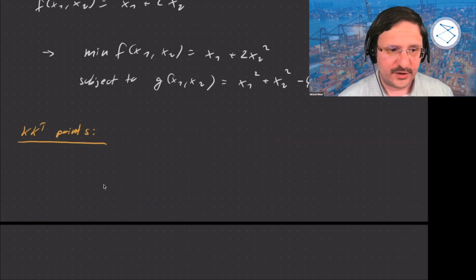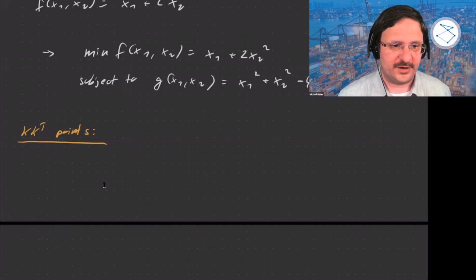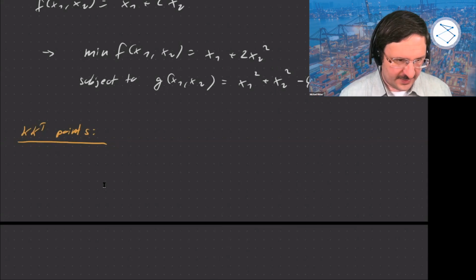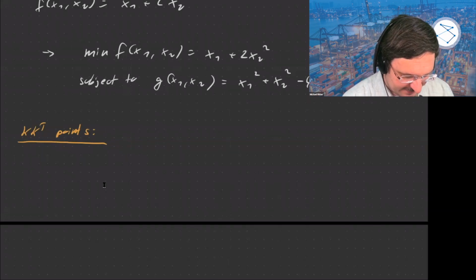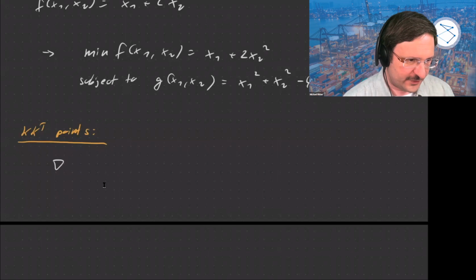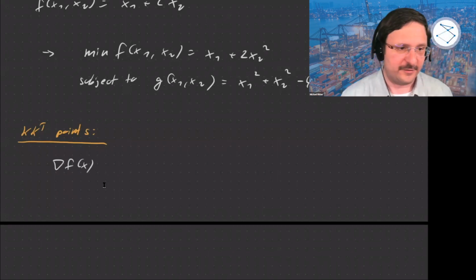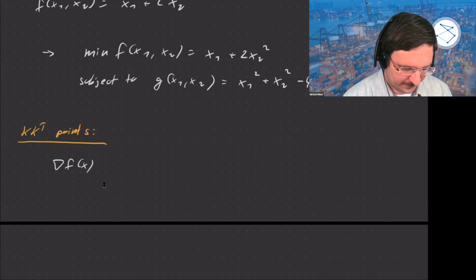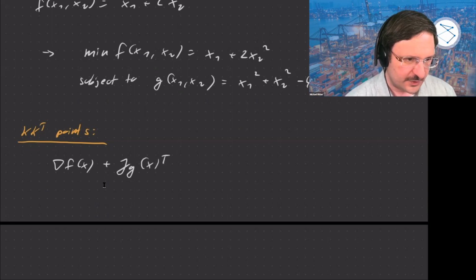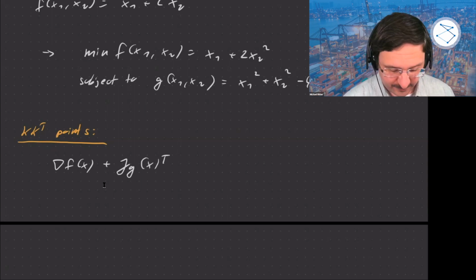With inequality constraints, there are a few more conditions that we need to consider. Let's write down the full form here first. Again, we have the gradient of the objective f, plus the Jacobian of g at x transposed times the vector of multipliers.